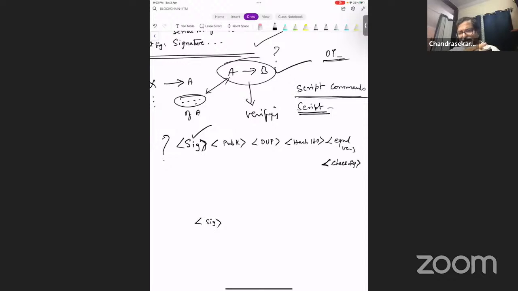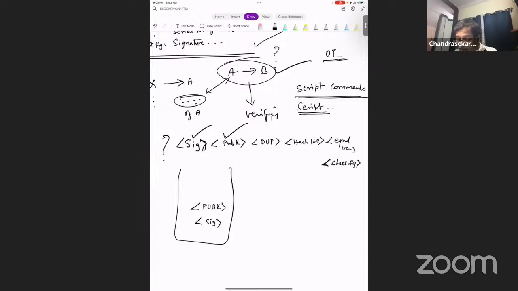So somebody says the public key of this person is what is to be the owner. Okay, and then he would have signed. So the signature and then the public key is also data. This will be put in the stack. Okay.